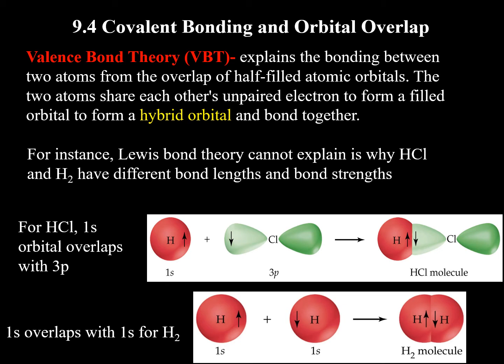It has one electron available, and it will overlap with the 1s electron from the hydrogen. So again, the 3p orbital will overlap with the 1s electron, and we have this bond that's formed. In the same way, for H2, we have a 1s1 and a 1s1 combining, and we have this H2 molecule when they come together.